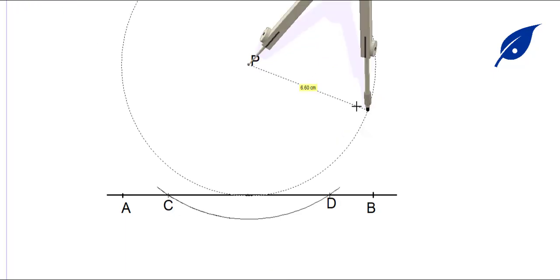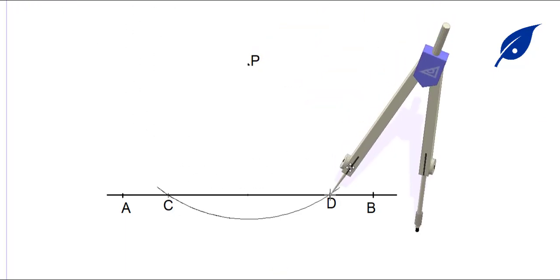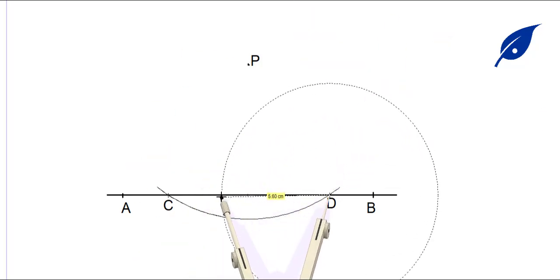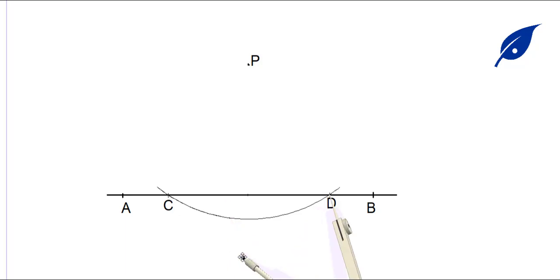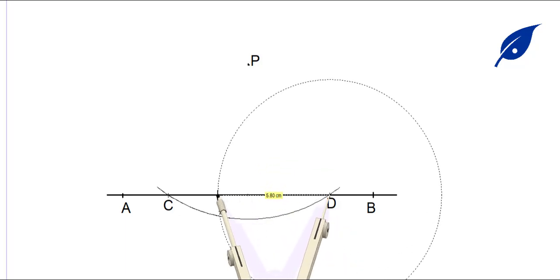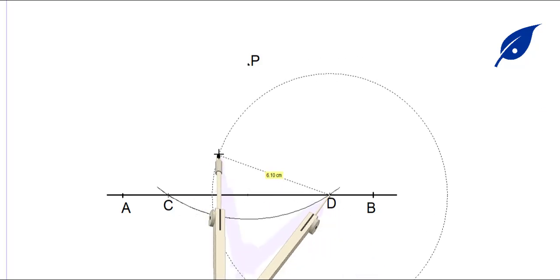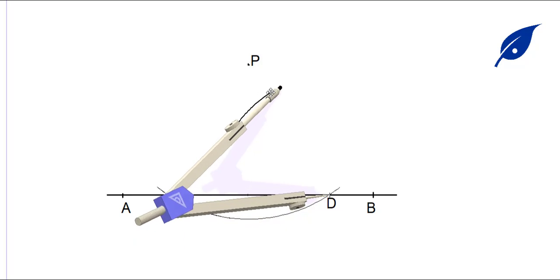Now we're going to set the compass to a radius which is greater than half of CD, with the center at D, and describe an arc which is above the line AB to form a new point.